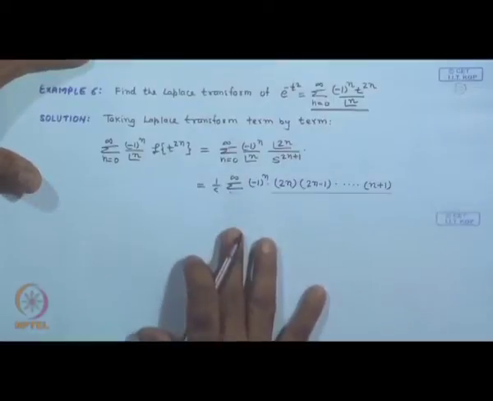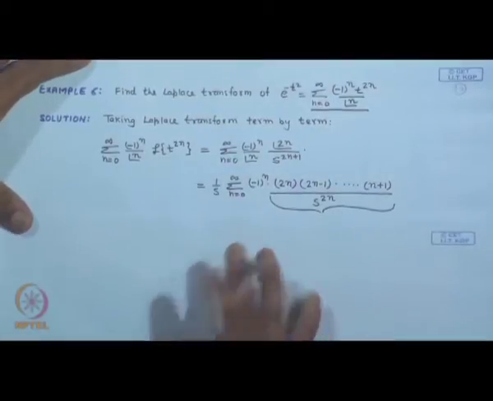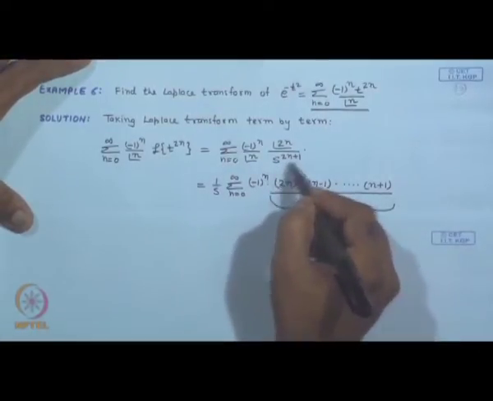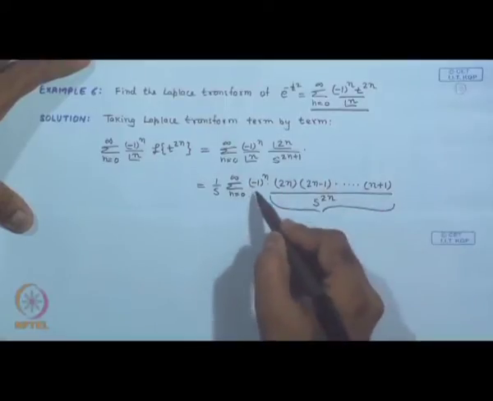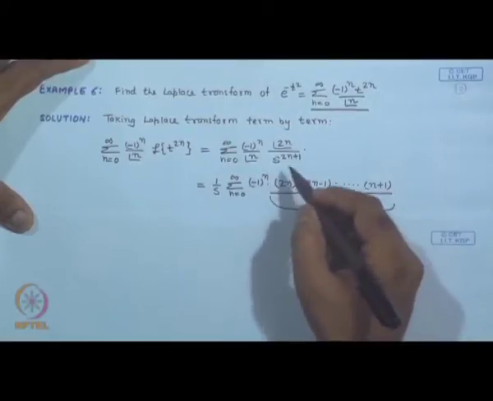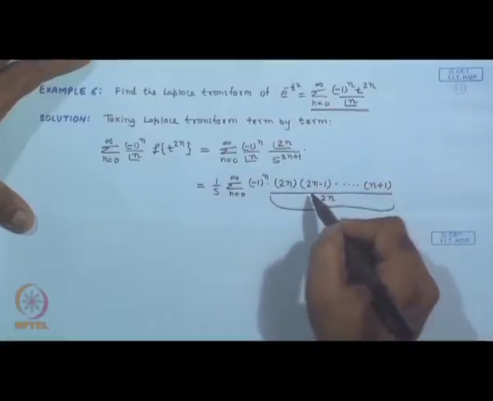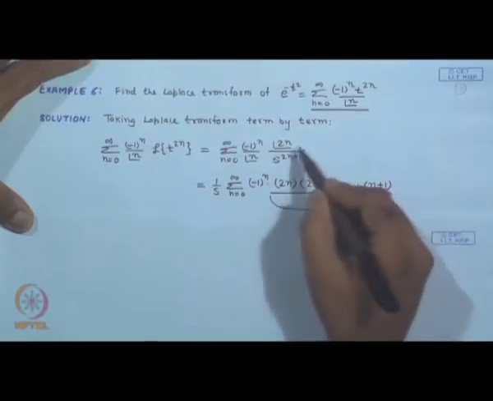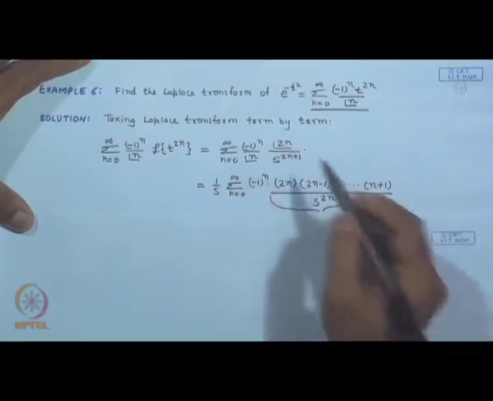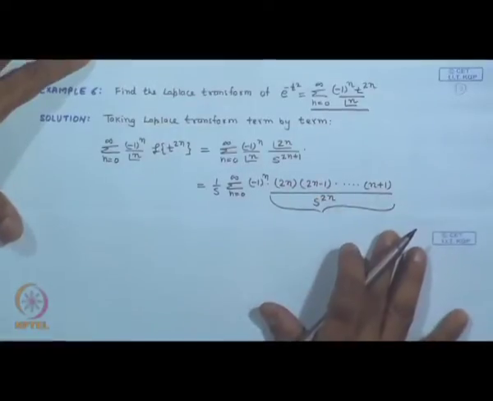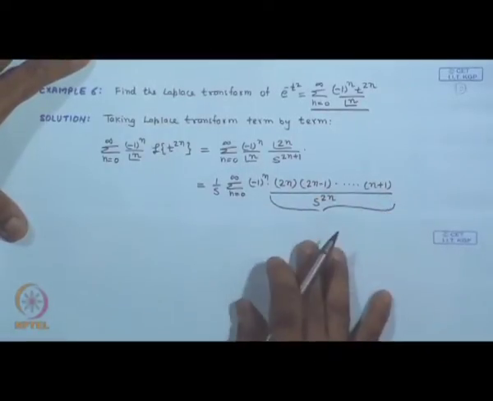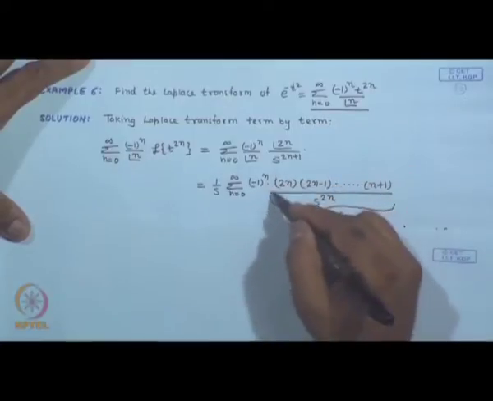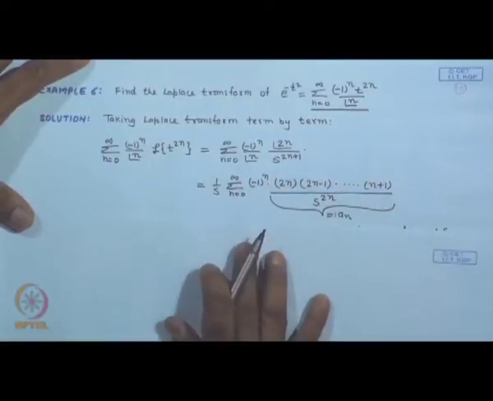And now, let us simplify a bit more. So, this is 1 over s, which we have taken out, times the sum from n = 0 to infinity of (-1)^n, and then (2n)(2n-1) up to (n+1), because the factorial n gets cancelled with this factorial n. So, we have this series. We just assume that this is A_n, this is an alternating series.